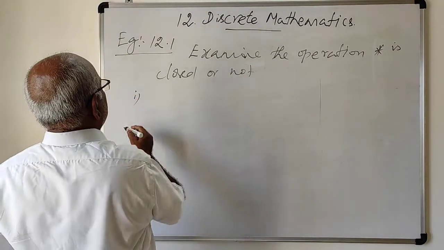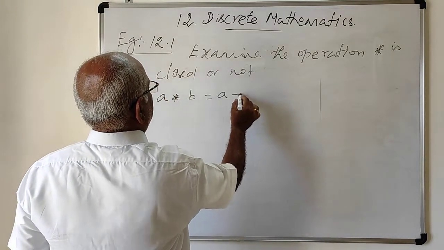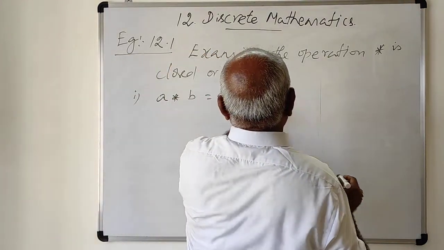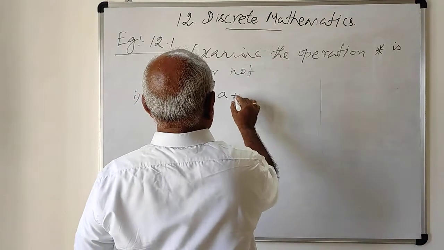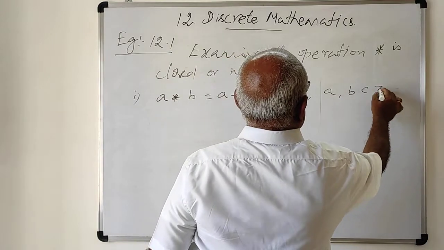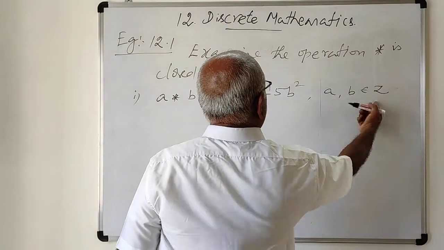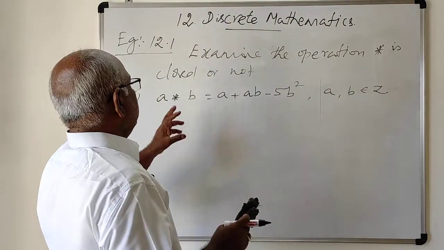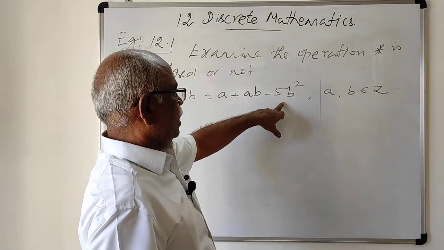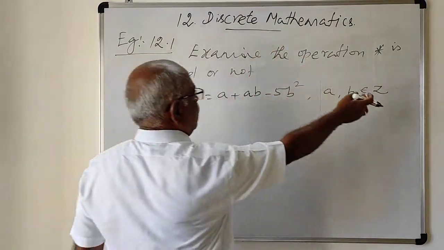First problem: A star B equals A plus AB minus 5B square, where A, B belong to Z. A and B are two elements of Z. If A and B are integers, is this sum and subtraction with B square closed or not? Does this operation satisfy the closure property on Z?